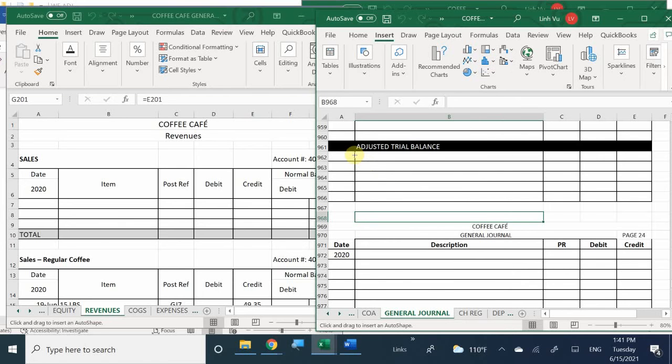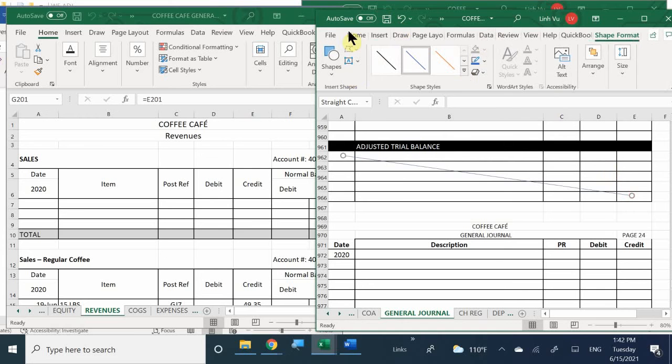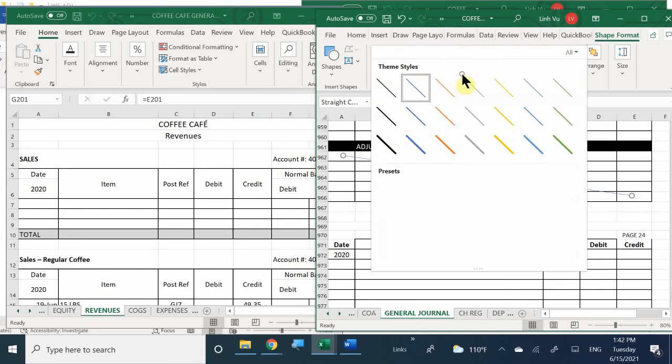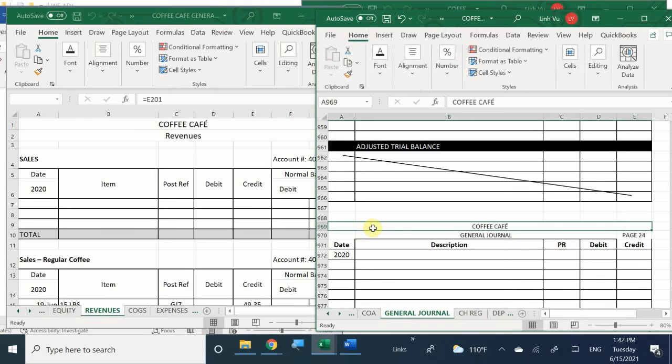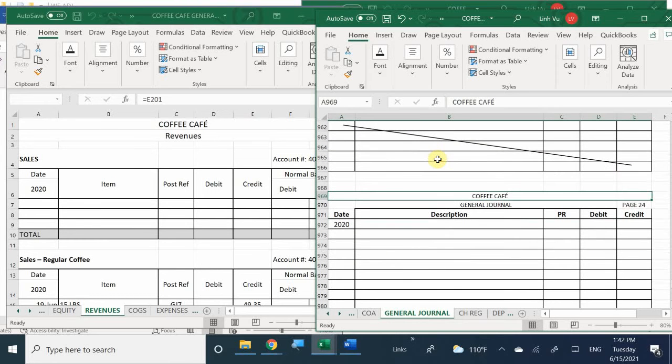I'm going to draw a line between the very last 5 lines here, and I want it to be thick, so that when you lock or protect your Excel sheets and distribute them to people, they can't go and fix anything. They can only view it. So that means we're going to start our closing process as of page 24.